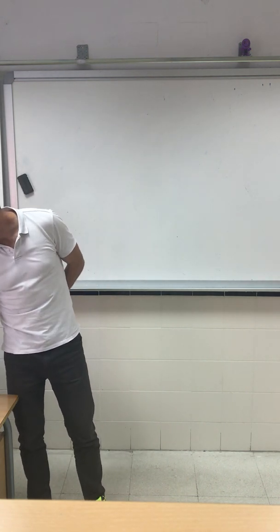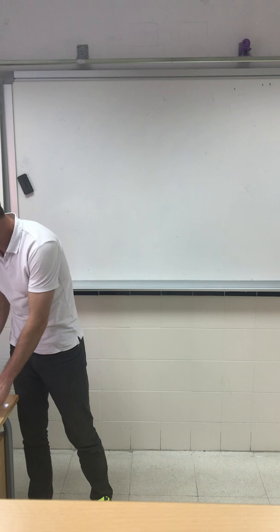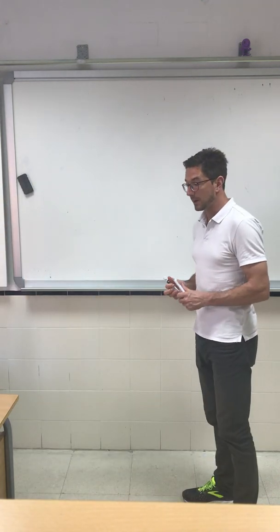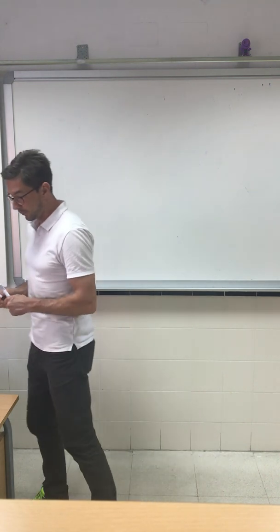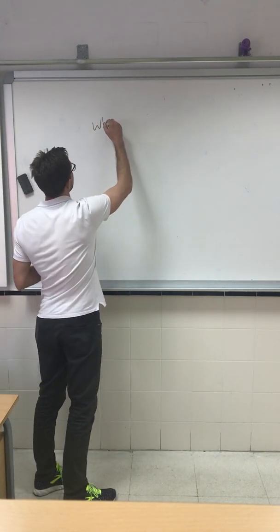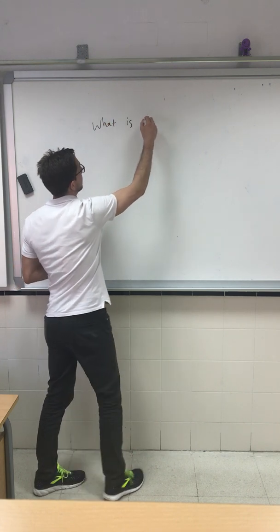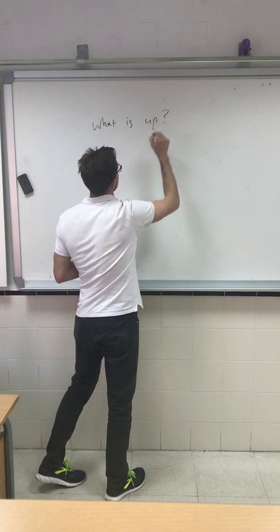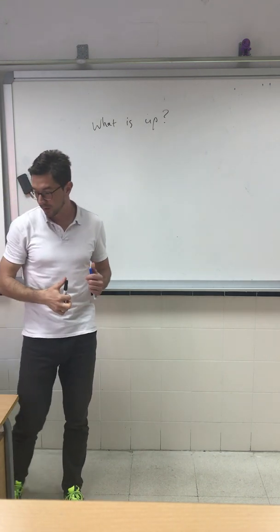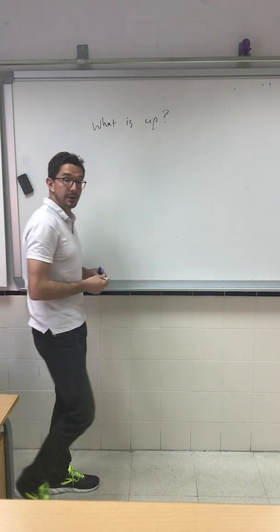So, without further ado, now we're going to talk about a few very common reduced forms. Okay, so very common in American speech. What is up? This is just an informal way of saying how are you? What is happening? What is going on? What does this commonly get reduced to?